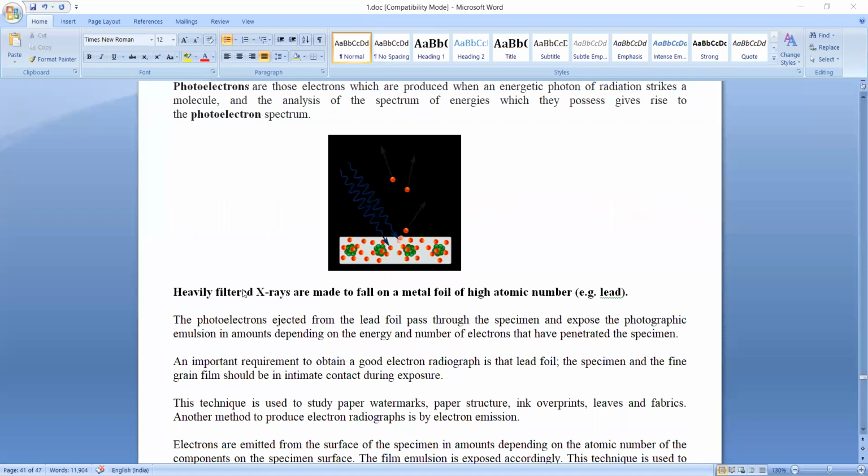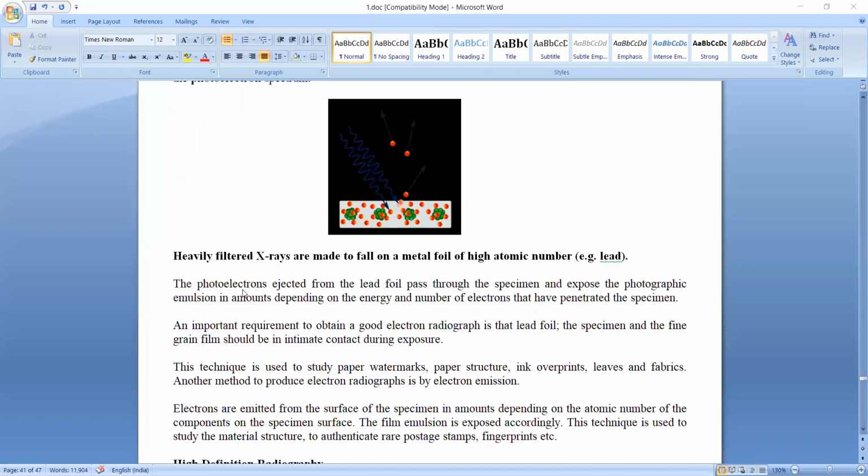By using this photoelectron spectrum, we are testing the object. How much energy is emitted depends on the energy of the X-rays falling on the metal and what kind of metal you are using. These two things play a major role.